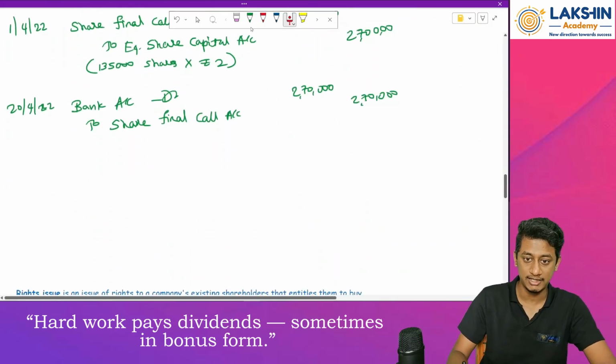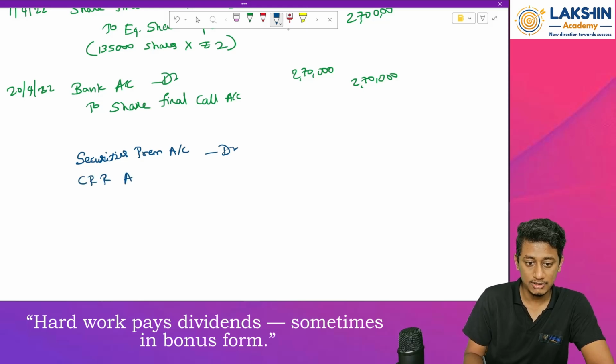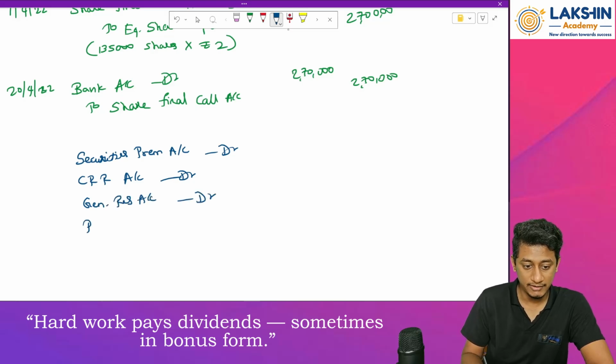Okay. So let's pass the entry now. First we will use securities premium account debited. Then capital redemption reserve account debited. Then we used general reserve account debited. And then we used P&L account debit.